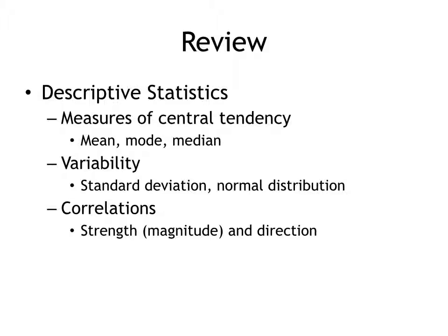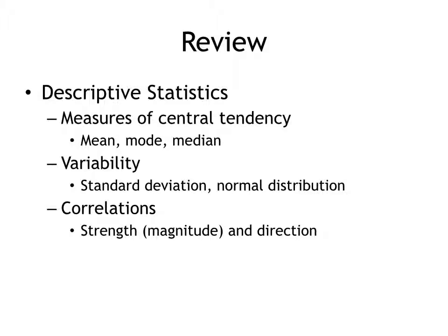And then I described the normal distribution, or the normal curve, which is a frequency distribution. Most people, your more frequent scores, are going to be in the middle. And if it's a perfect normal distribution, your mean and your median and your mode are going to be exactly the same in the middle. Then I talked about correlations, which are relationships.